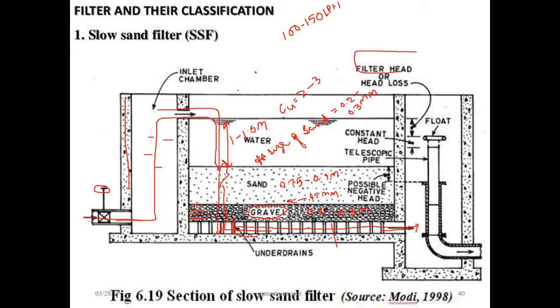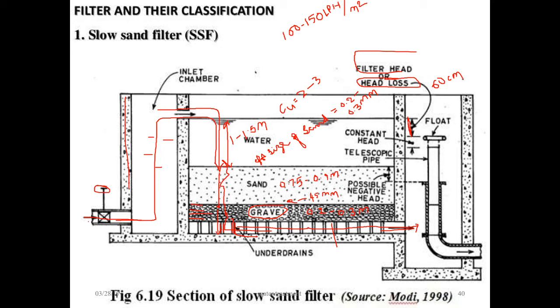This continues until the head loss reaches 60 centimeter. Here, this is the head loss. The water should be here, the gap should be 60 centimeter, that is head loss.